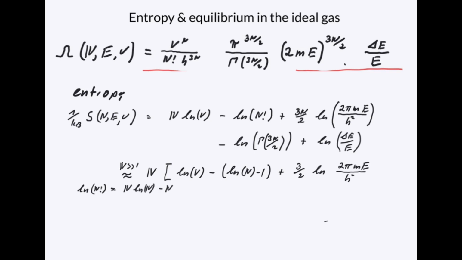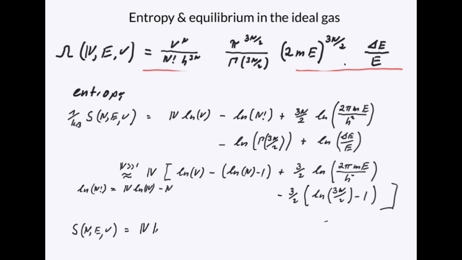Also note that the last term in the previous equation, which contains delta E divided by E, is neglected since it does not scale with N, so it is small with respect to large N. Finally, we obtain a compact equation for the entropy of an ideal gas in the microcanonical ensemble.